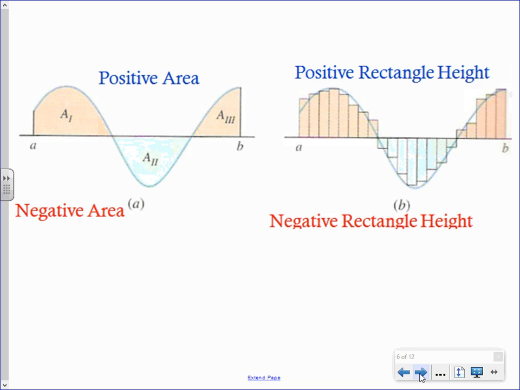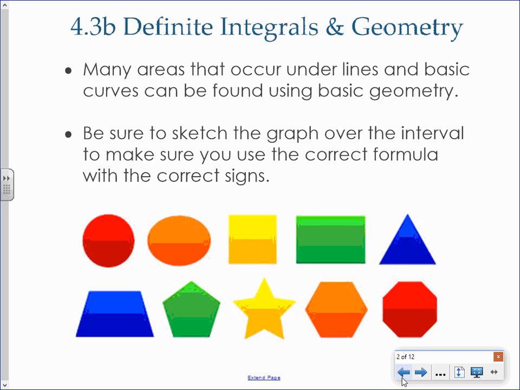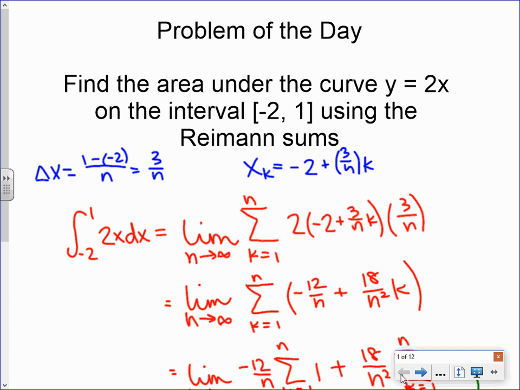Jackson pointed this out in the problem of the day. Why was our problem of the day negative? Jackson said, well, because we have area under the curve, or under the x-axis. Okay? Let's talk about that. 2x is this line right here, and I had you find the area from -2 to 1.